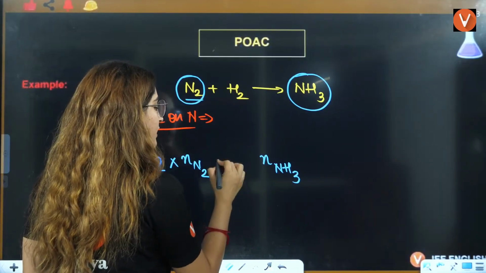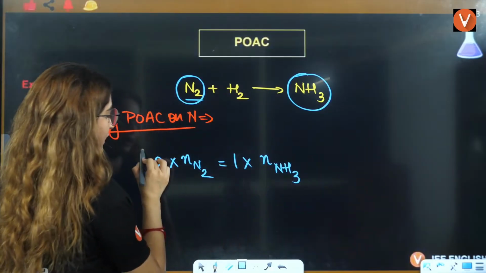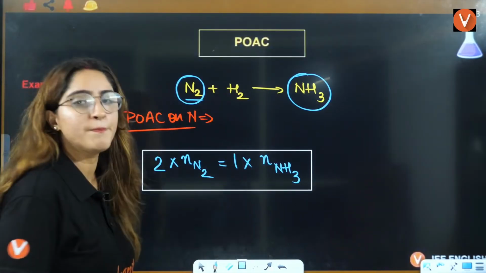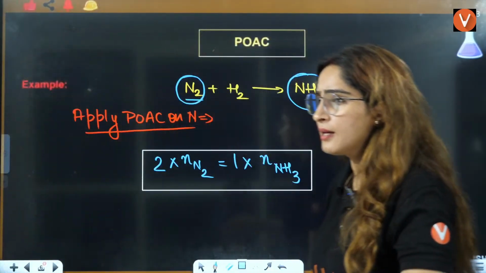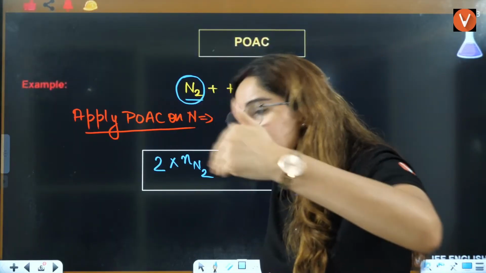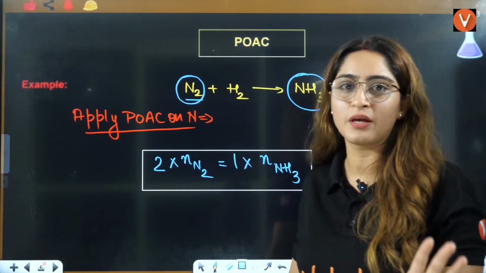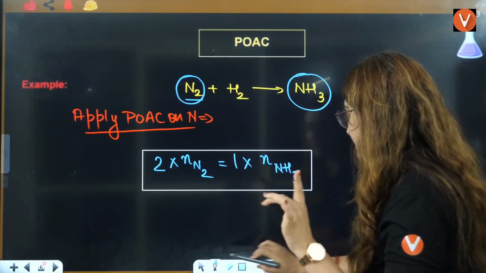So you can write it like this; this is your POAC application. Simple, easy, right? Maybe in the first go, you will be like, ma'am, what are you doing? Let's take 1-2 examples. Trust me, you will find it very easy, right? Now, that is the first thing.